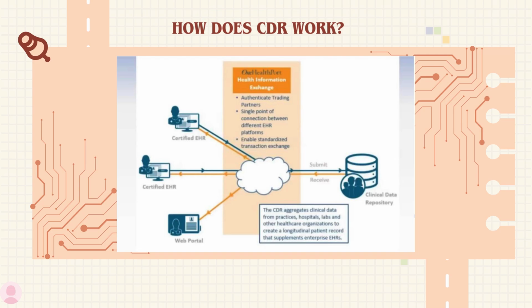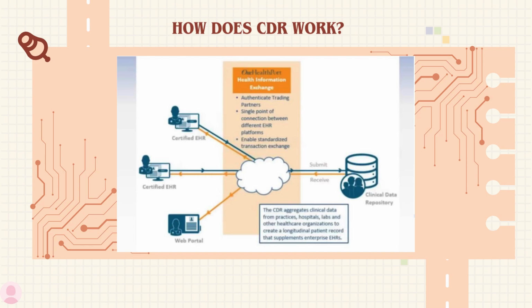Now, as you can see here in the graph, information is sent from different certified EHRs and sometimes a web portal. These authenticate trading partners, the single point of connection between different EHR platforms, and it is an enabler of standardized transaction exchange. So from the certified EHRs, they submit information to the clinical data repository.